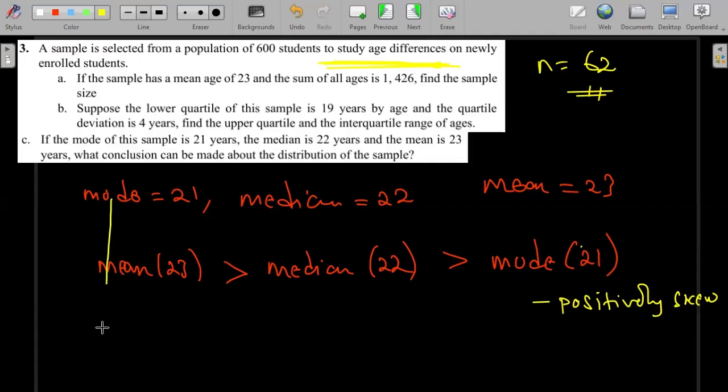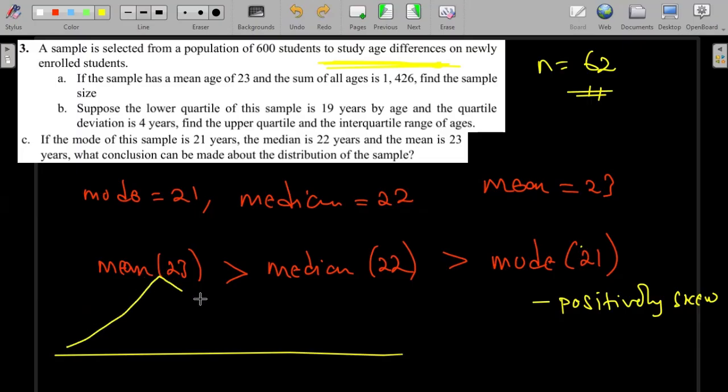If you draw it on the graph, with this as my level ground, a distribution positively skewed to the right will look something like this, and it has a long tail like this.